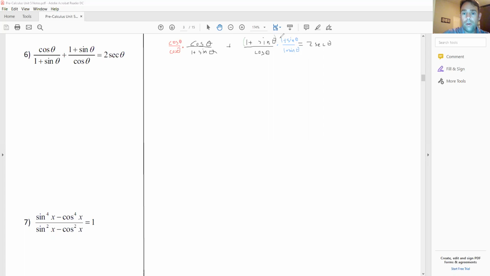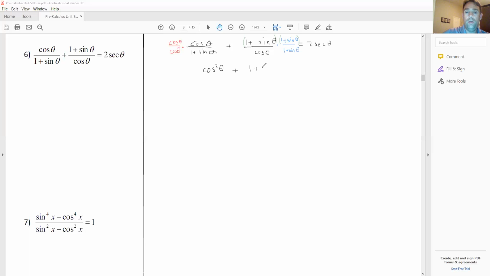So we're going to make everything have the same denominator. So when I go to put all these together here, I have to multiply those two binomials together. So I end up with cosine theta times cosine theta. That'd be cosine squared theta. 1 plus sine theta times 1 plus sine theta.